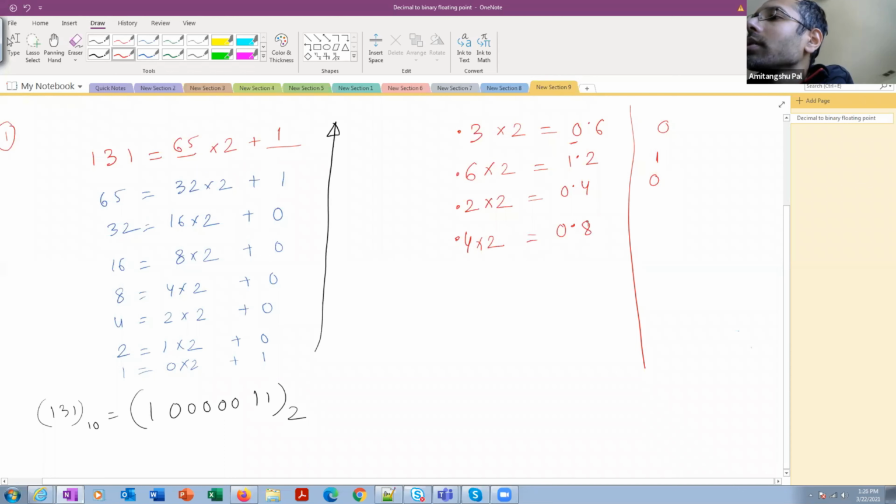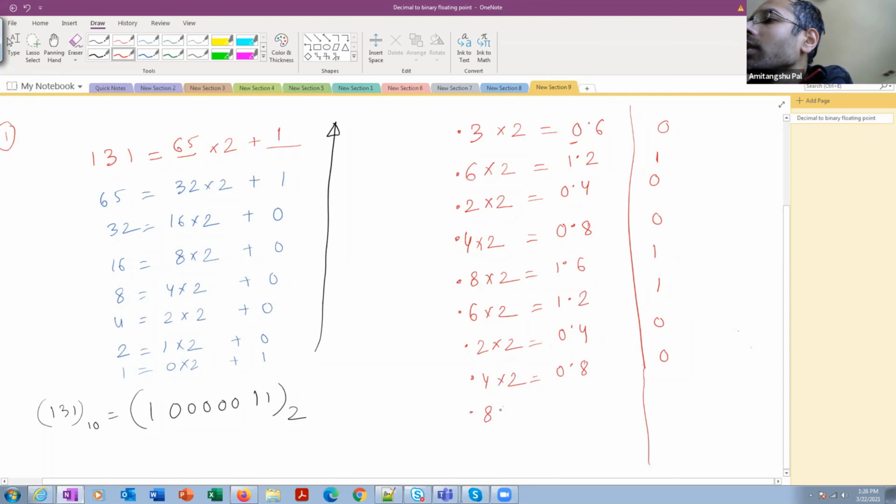Then 0.8: the integer part is 0. Then 1.6: the integer part is 1, and 0.6 goes on. Then 1.2 again, then 0.4, then 0.8, then 1.6, and so on. So 0.6 will come over here again.